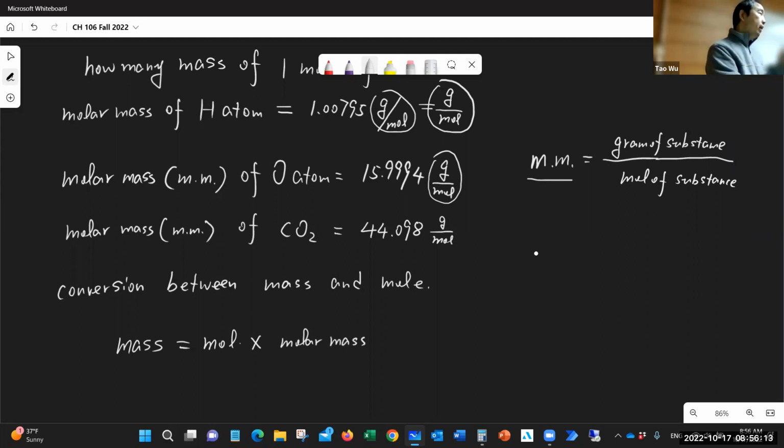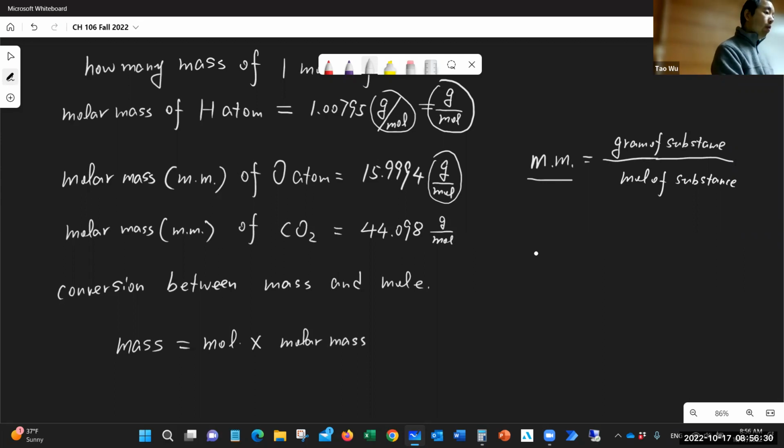I know you can write this in your notes or on your cheat sheet for the exam, but I strongly recommend you remember this. I always remember this. Mass equals mole times molar mass.